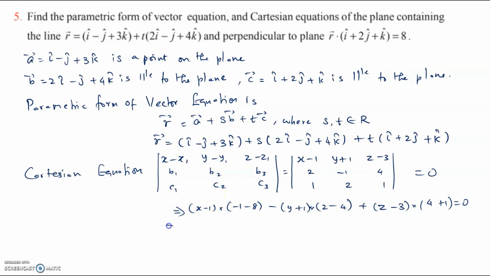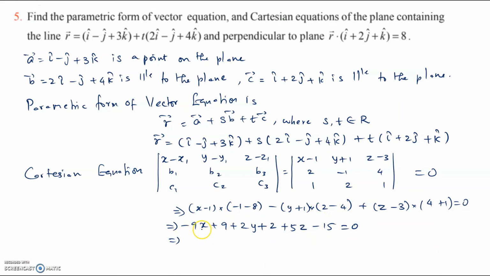So further we can simplify this as, this is minus 9, so minus 9x plus 9, and this is minus 2, so plus 2y plus 2. Then you have plus 5z minus 15 is equal to 0.